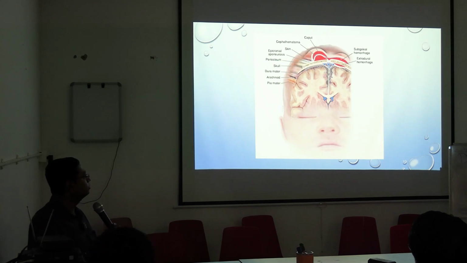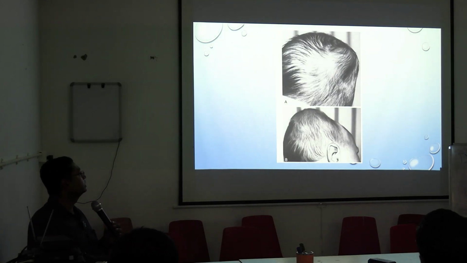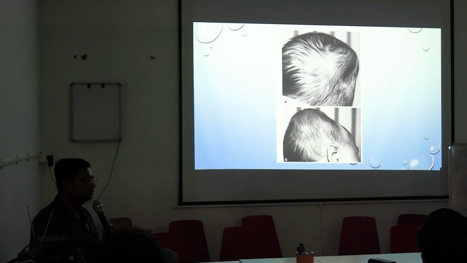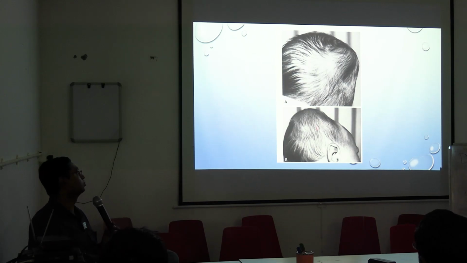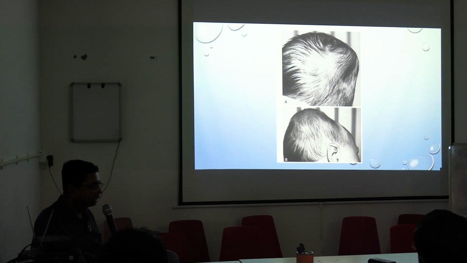If the hemorrhage occurs below the galea aponeurotica, it is called subgaleal hemorrhage. So this is a picture of what? Look at the picture and tell me. Is it a picture of caput or cephalhematoma? What do you think looking at this picture? It has not crossed the midline, so it is probably cephalhematoma. It is not caput. If it were caput, it would be on this side also. This is a side picture, so it is cephalhematoma.